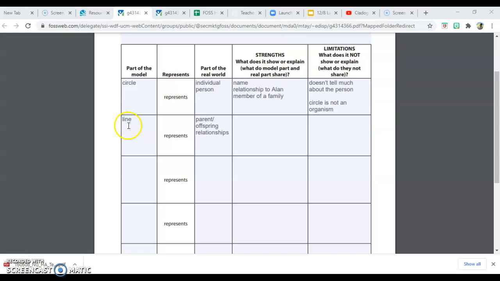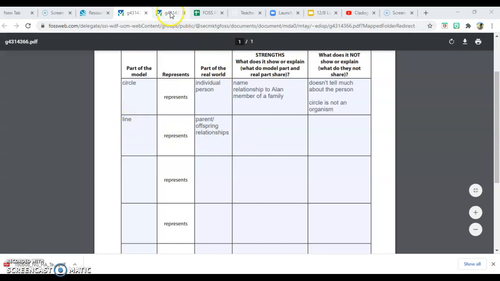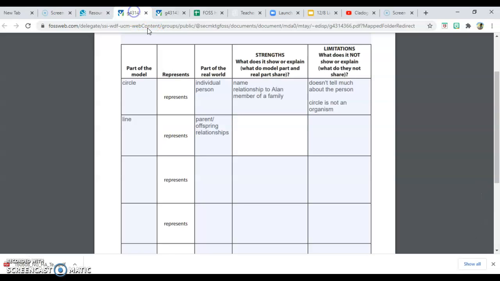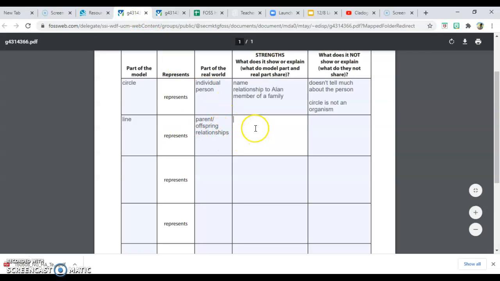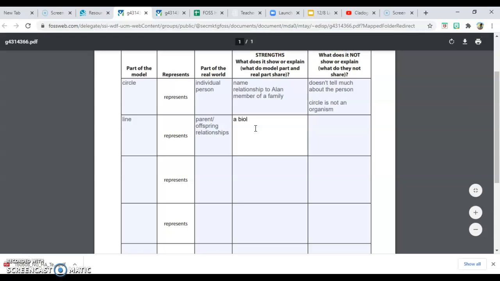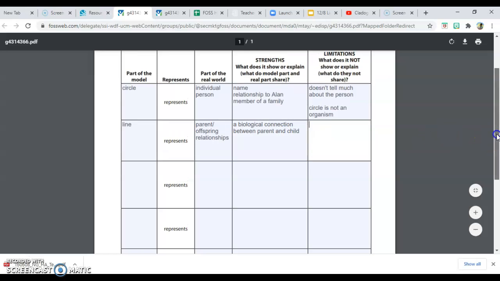So we stopped at the line of the diagram right here. It represents the parent and offspring relationships, which means it is a biological connection between parent and child. Okay. But here are the limitations.